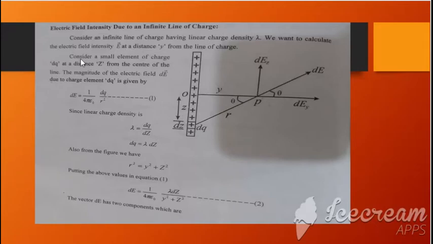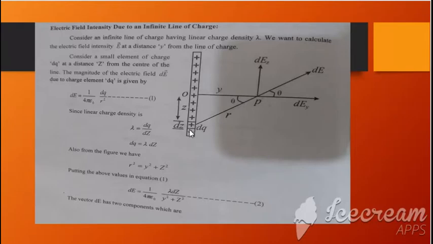Here consider a small element of charge dq. For this we divide the line into small infinitesimal elements that cannot be further divided. Look at the position of my cursor at the bottom of this diagram. You will see dq here. We have taken a small element of charge which is represented by the differential element dq.